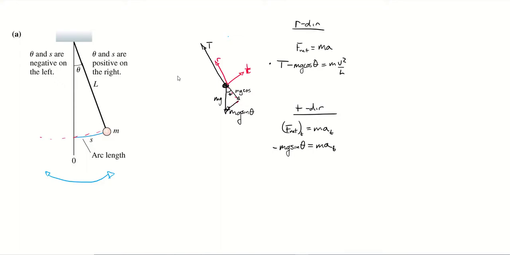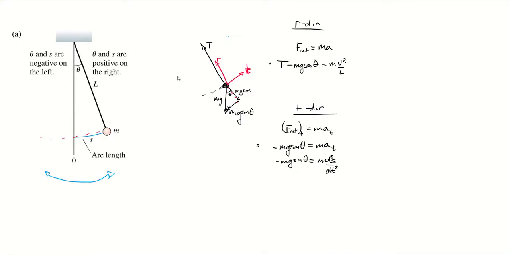Now, just like we did with the mass on a spring, we can write that acceleration as the second derivative with respect to time of the position in that tangential direction, and that tangential direction is just s. So it's mass times the second derivative of the position along that arc length s, and that's equal to negative mg sine theta.